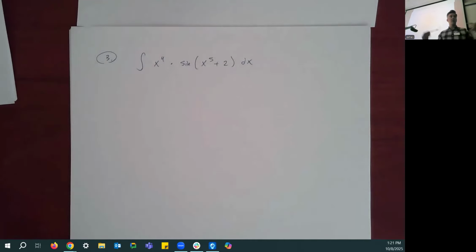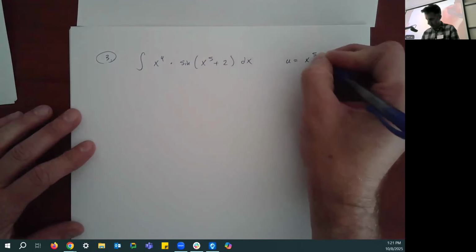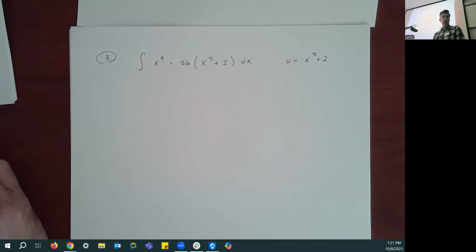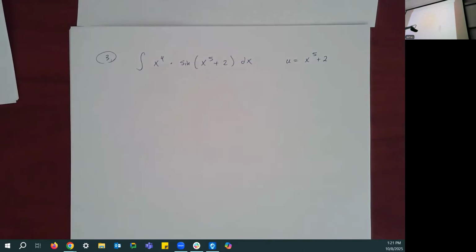The u is the thing that's stuck inside another function. So I'm definitely thinking that my u is x to the fifth plus 2. I should say you can pick anything for u. It just depends if it's going to work or not. One thing I'll point out: if you're trying a u substitution, you should never pick u equal to x, because that really just means you're rewriting the integral with u's instead of x's, but it hasn't changed.